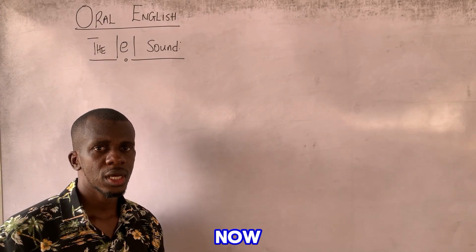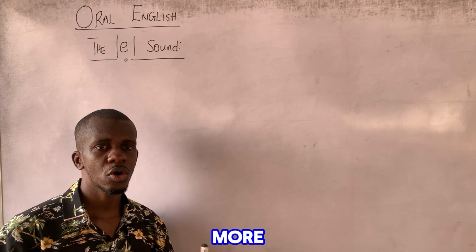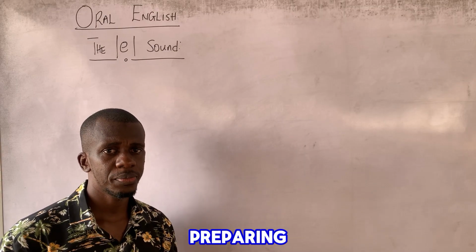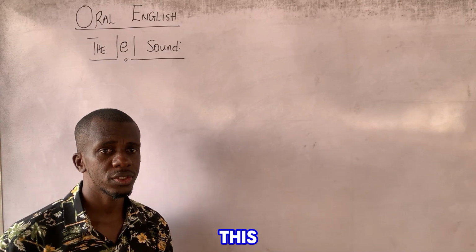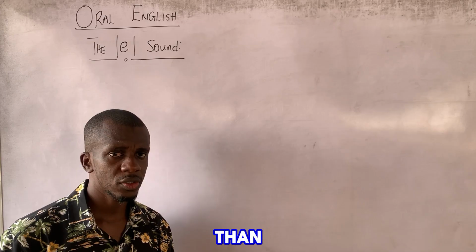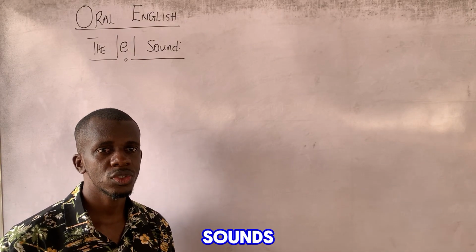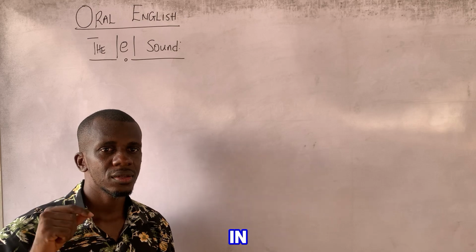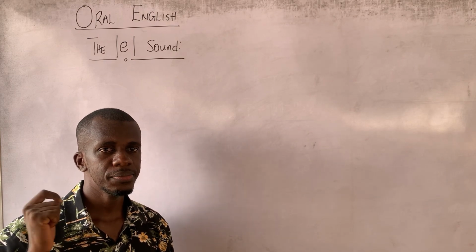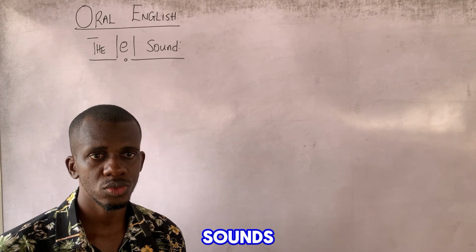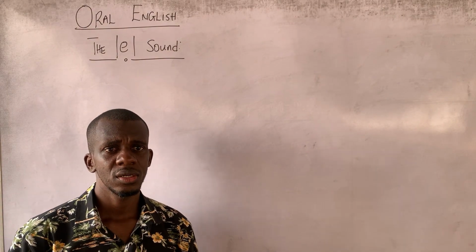Remember that more often than not in any exam you may be preparing for as a viewer of this channel, examiners test your knowledge of sounds in letters, because the English language system is made up of sounds and letters.